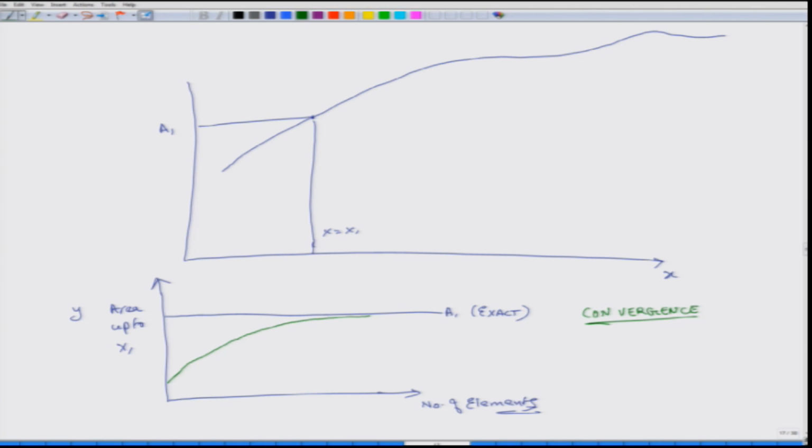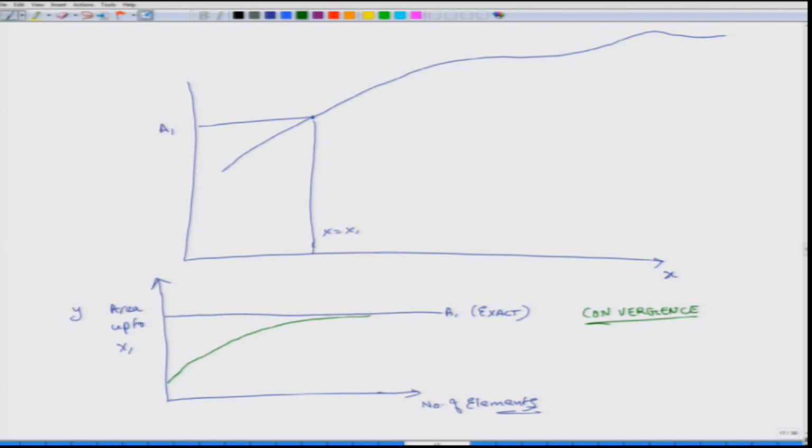For linear problems, I never cross this line. My solution of primary variable, temperature or displacement, will always be below the exact solution. Why it is below, we will see later in several classes.